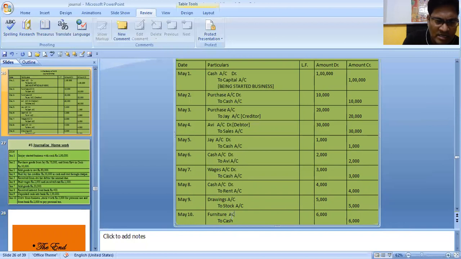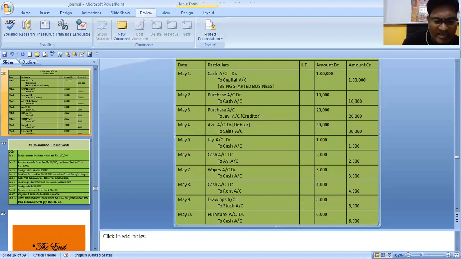Furniture account debit. And your cash is going out from the business. Cash being going out, we are writing cash account credit, or to cash account 6000.